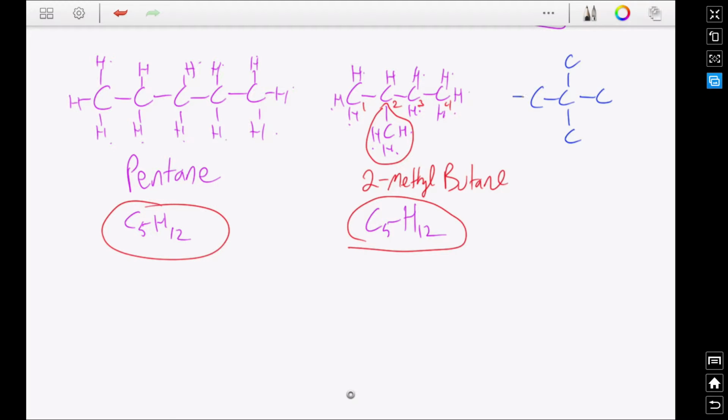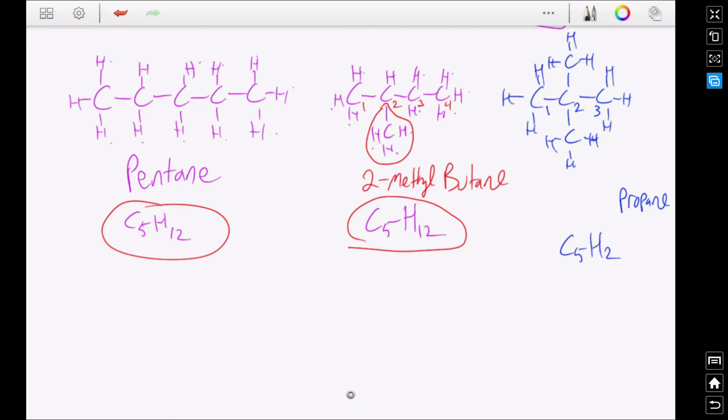And this will still have 12 hydrogens. Well, this is no longer pentane. It's not 2-methylbutane. It still has the formula C5H12, but this time it's only a 3-carbon chain. So this is a propane.